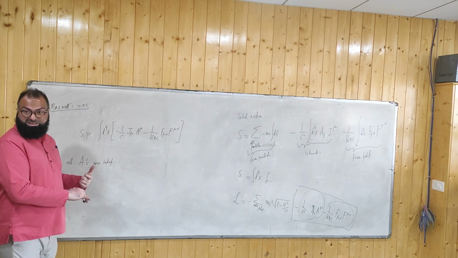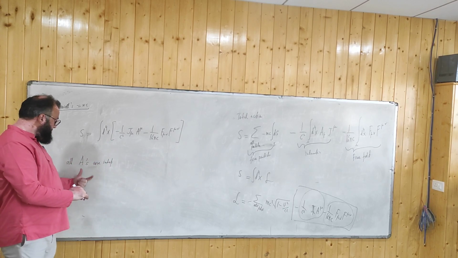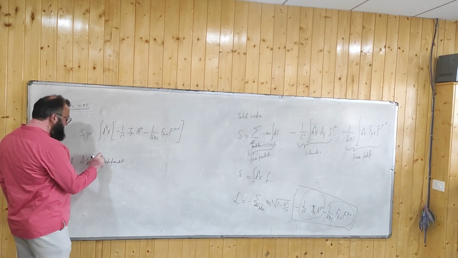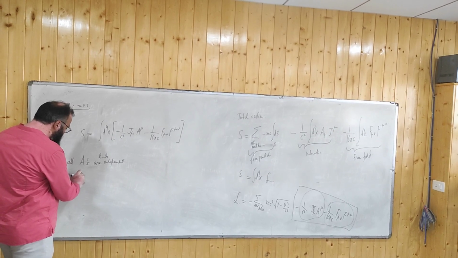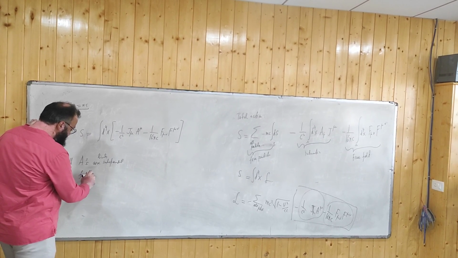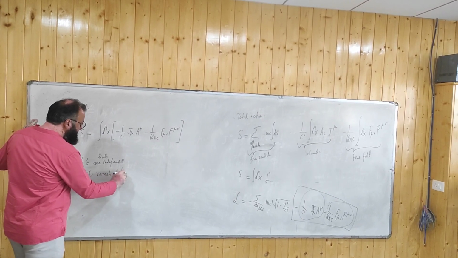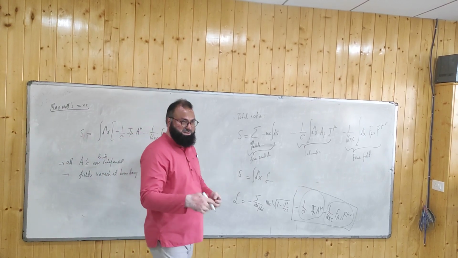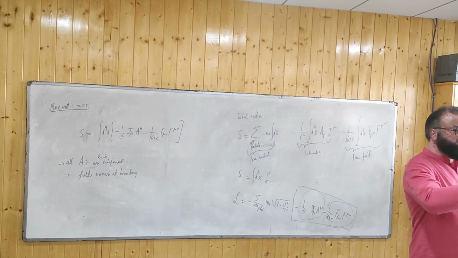A contains 4 terms: phi, Ax, Ay and Az. All are linearly independent of each other. And second, these are the assumptions: fields vanish at the boundary, because we consider the boundary in such a way that there are no charges and currents at the boundaries and the fields vanish there.